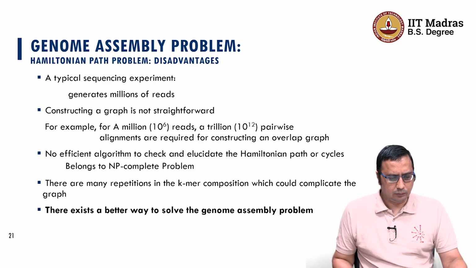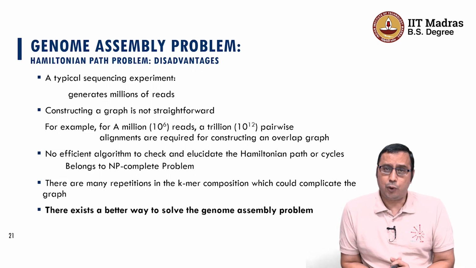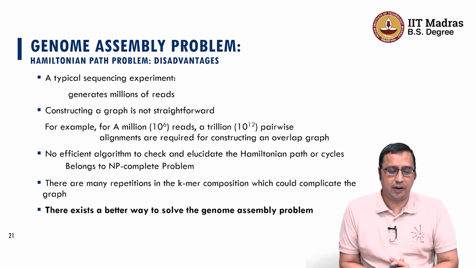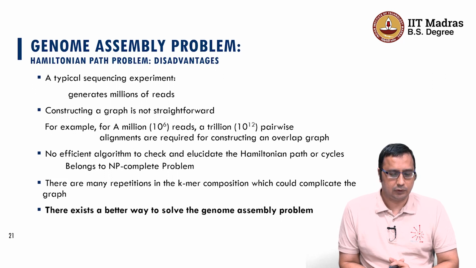Now, the Hamiltonian path is a good approach to actually extend or improve our approach. However, we have some distinct disadvantages with the Hamiltonian path. As I told you earlier, we generate millions of reads when we try to perform the genome sequencing task, and this is typically the sequencing experiment output.